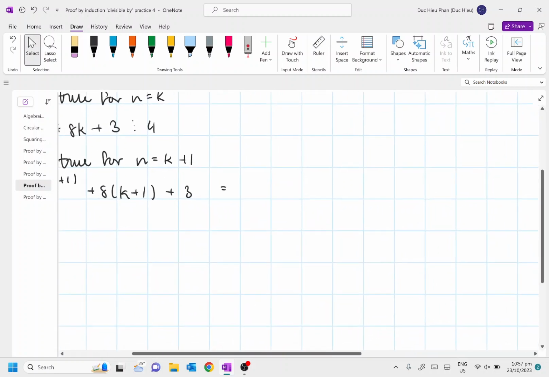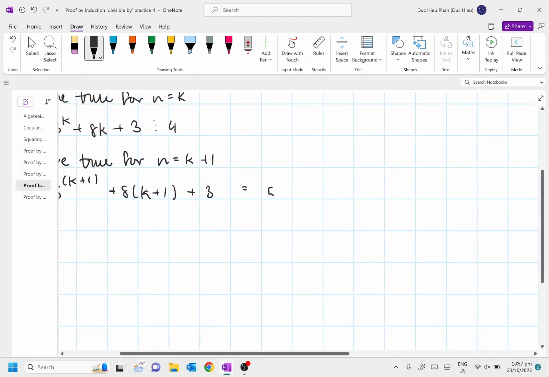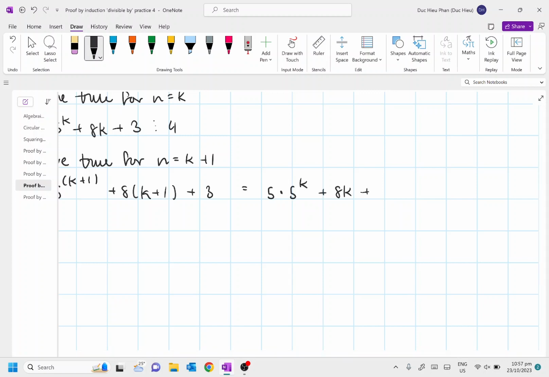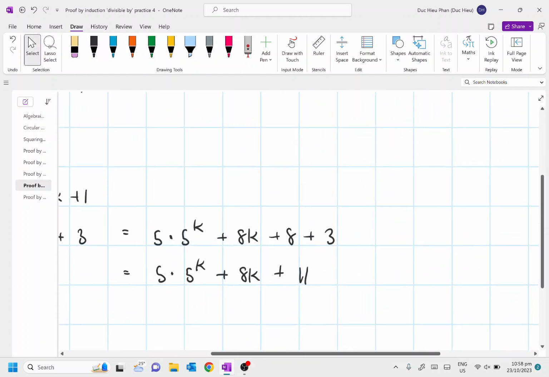And again, this is just 5 times 5^k plus 8k plus 8 plus 3. And if you're looking at this right now and you're thinking, how do we turn this into the same form as we did before? It's weird, but you can't.